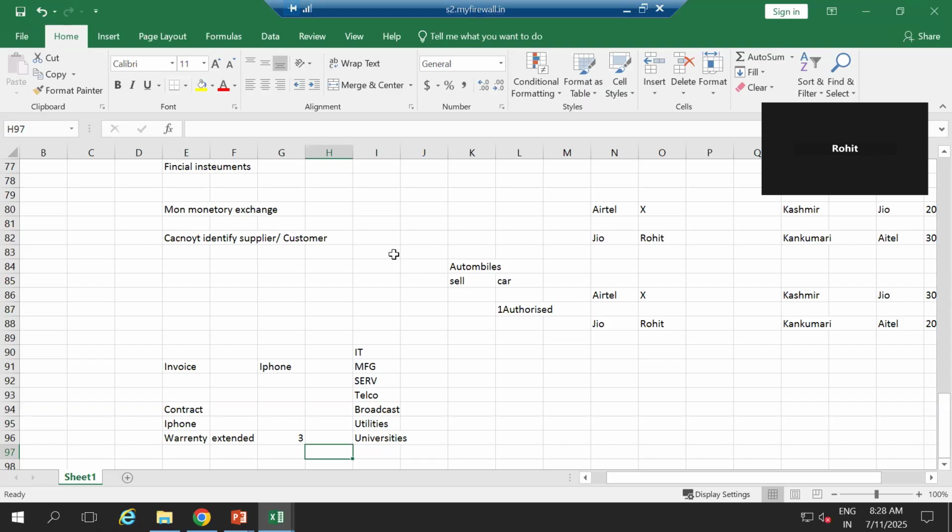Text me here in the Zoom chat, or you can personally text me on WhatsApp so that I can add you directly to the group. Text me the number here, I'll add you to the group.